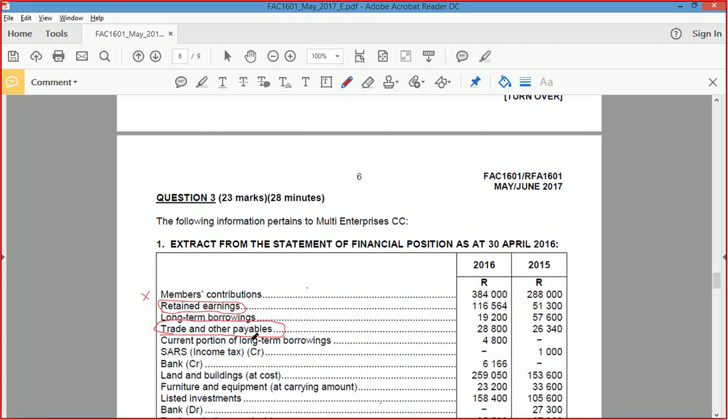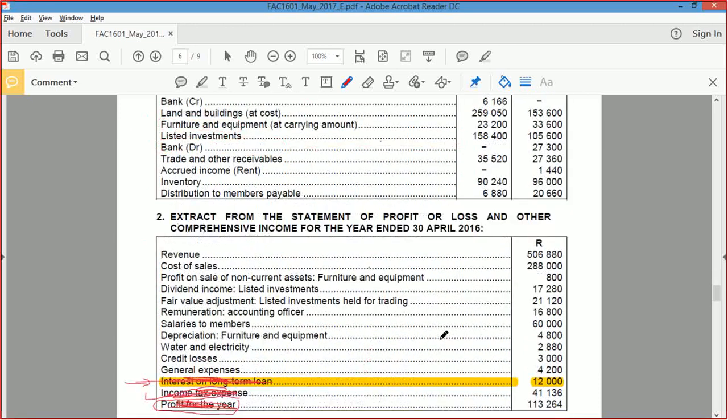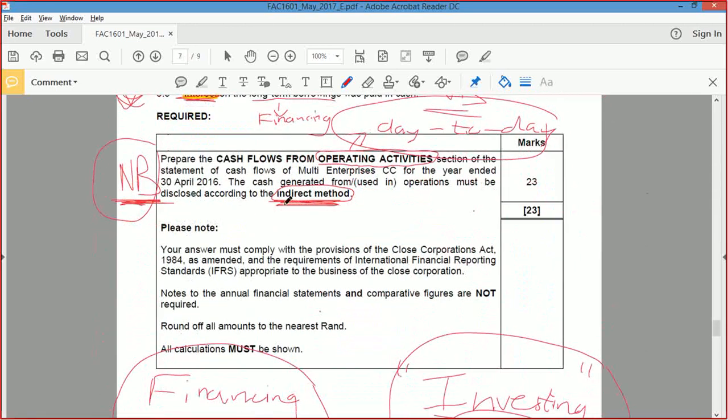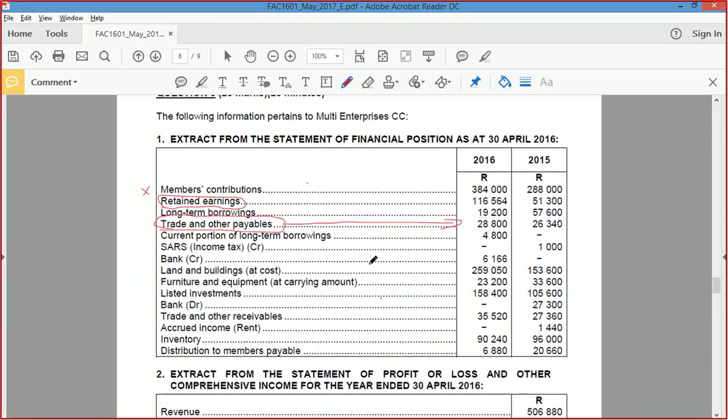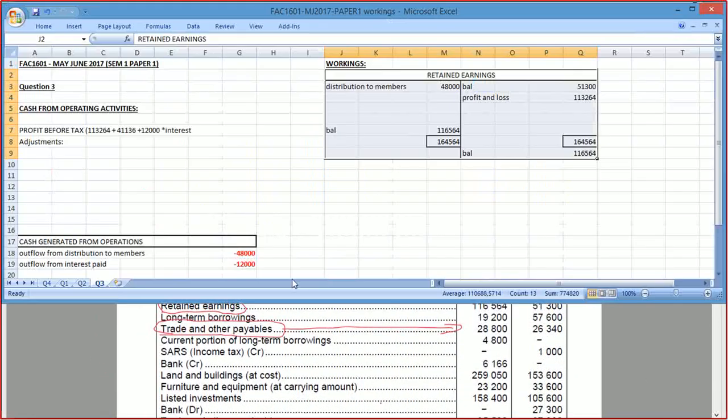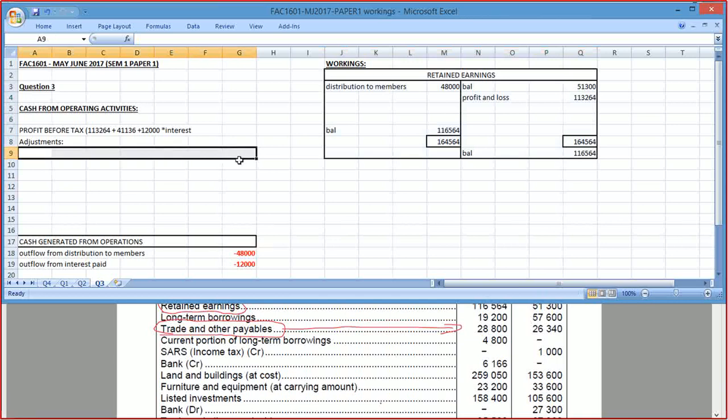Yes, I do, because this is part of the specific disclosure relating to the indirect method. With the indirect method, you have to provide for changes in current assets and liabilities. So this goes under your adjustments. Did your trade and other payables increase or decrease?